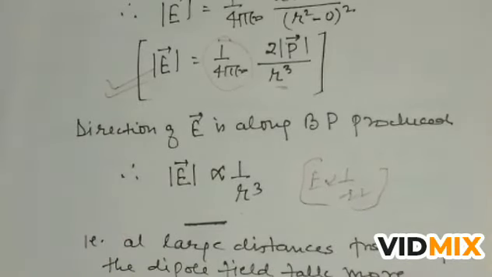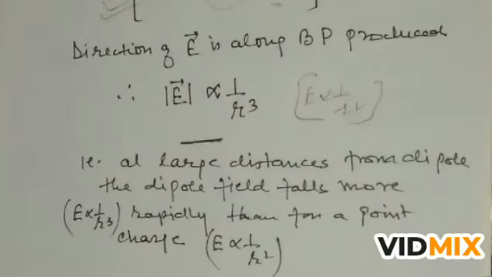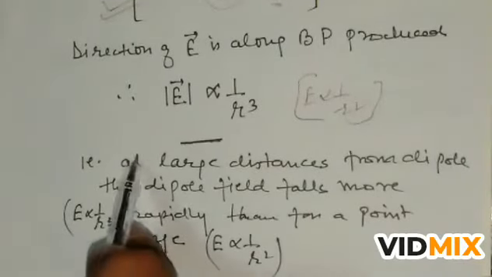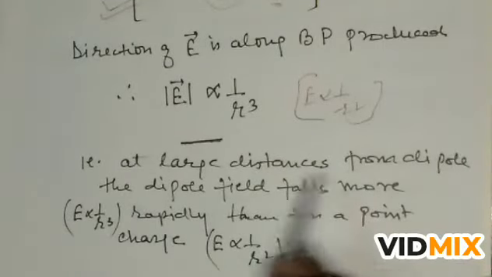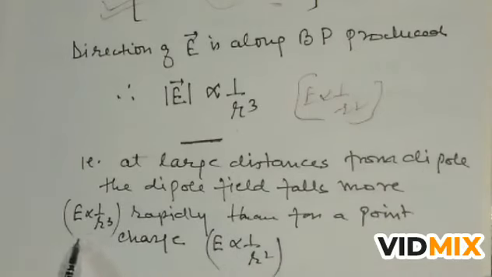So at large distances from the dipole, the dipole field falls more rapidly than that of a point charge. So we can say that at a large distance the intensity of the field of an electric dipole varies more rapidly as compared to the point charge.